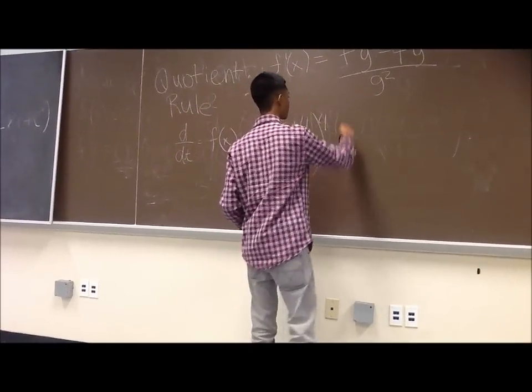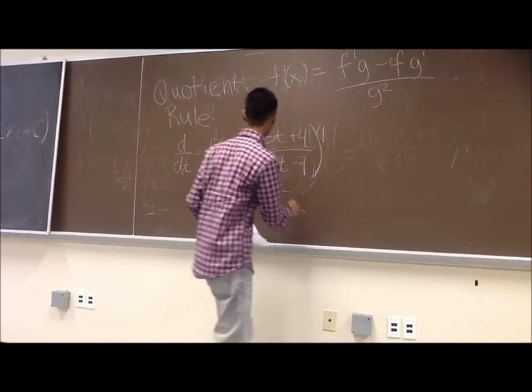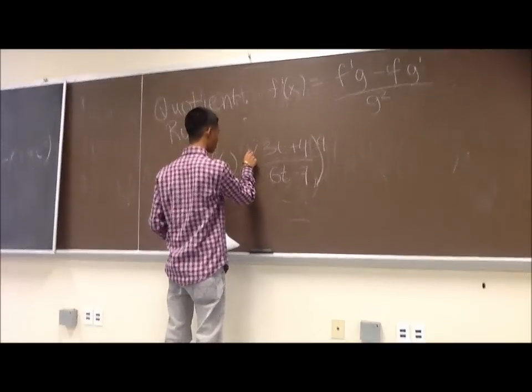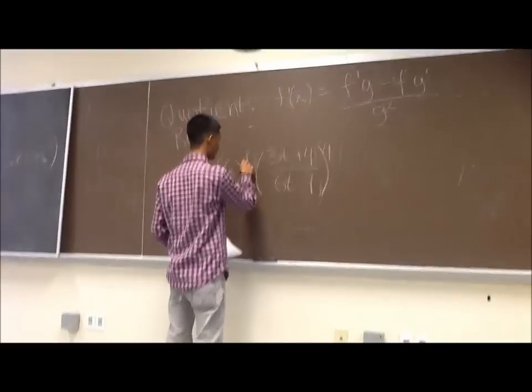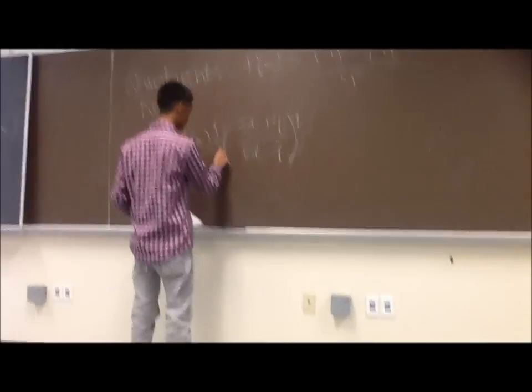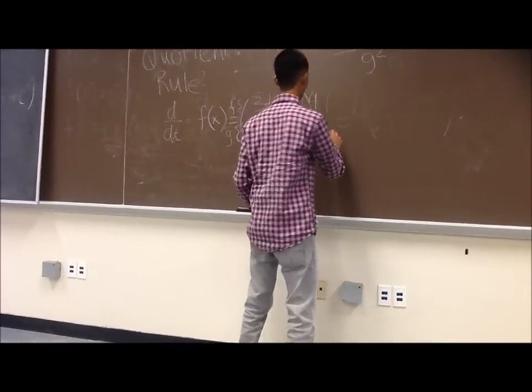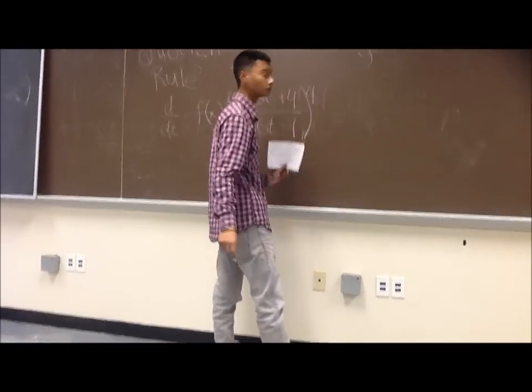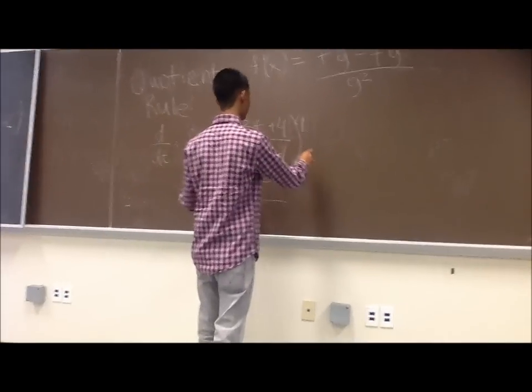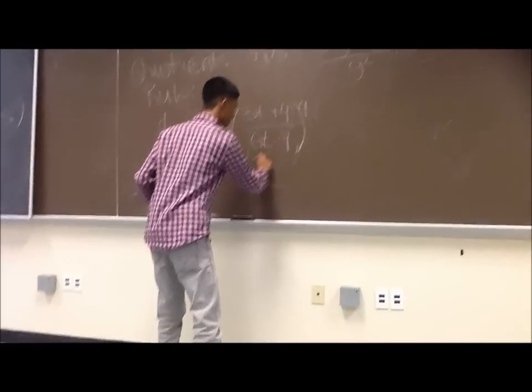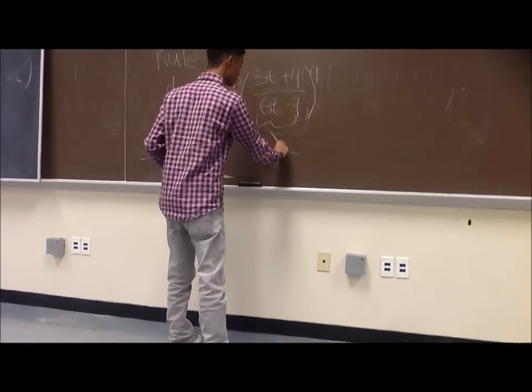Okay, so the first step, you take the prime. So this would be your f, and this would be your g. And don't forget this whole thing would be your big X.